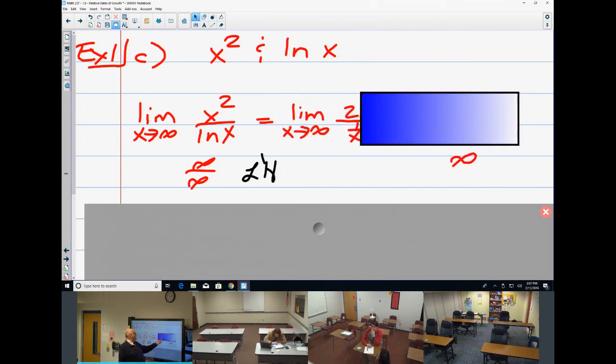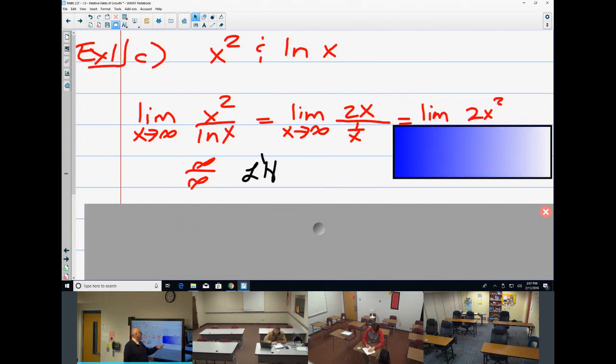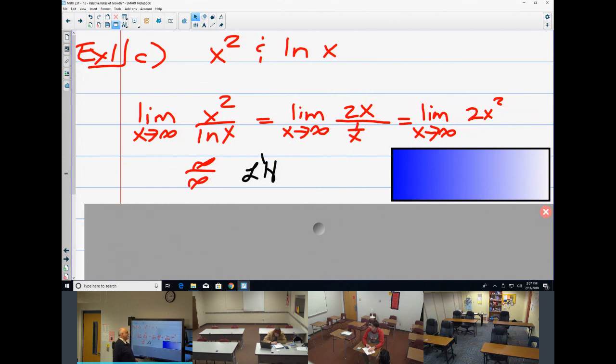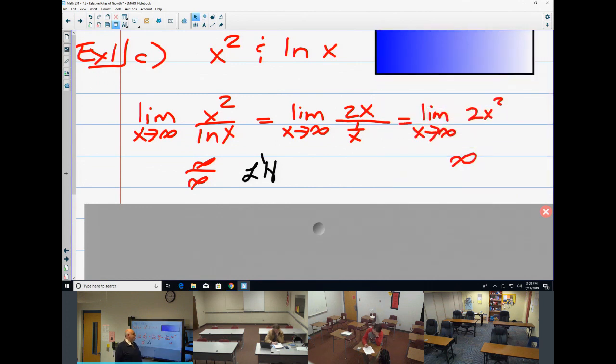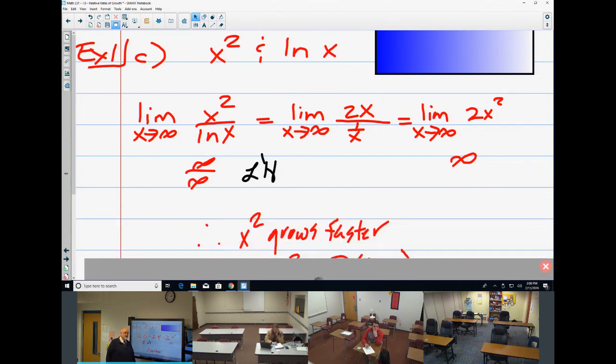That would be 2x over the derivative of natural log of x, which is 1 over x. Now to simplify that, dividing by 1 over x is the same as multiplying by x. So you get 2x times x, which gives you 2x squared. Then when you plug in infinity, you get infinity. So that means the one on top, x squared, did win. So x squared grows faster. All right, so try practice 1c.